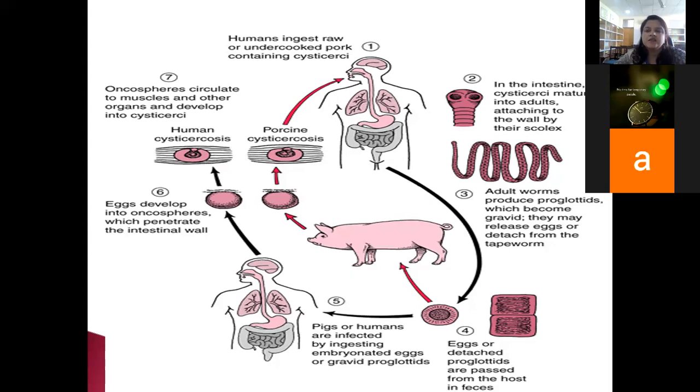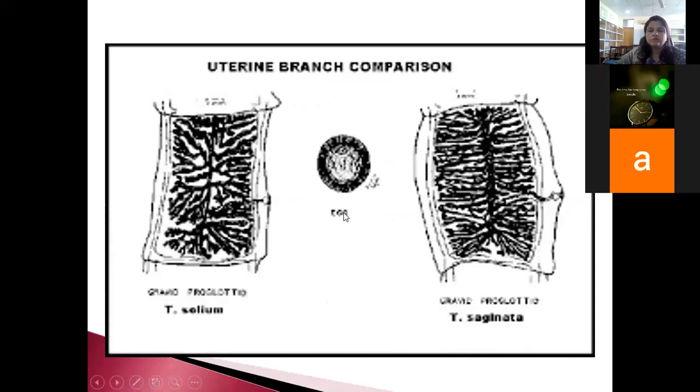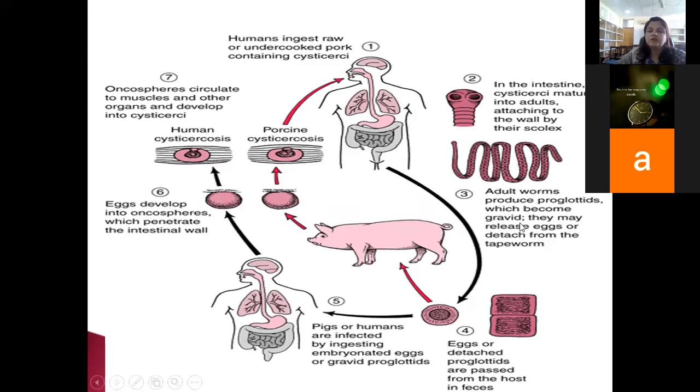And then in the intestine, these cysticerci mature into adults and attach to the wall by their scolex, or the head, which has sucking grooves. Adult worms produce proglottids, which become gravid, and they mature and release the eggs and detach from the intestine as a tapeworm.